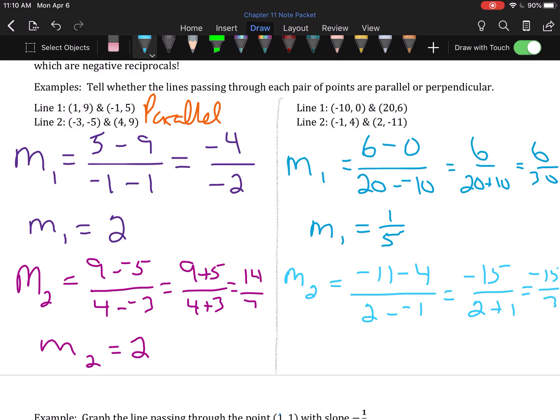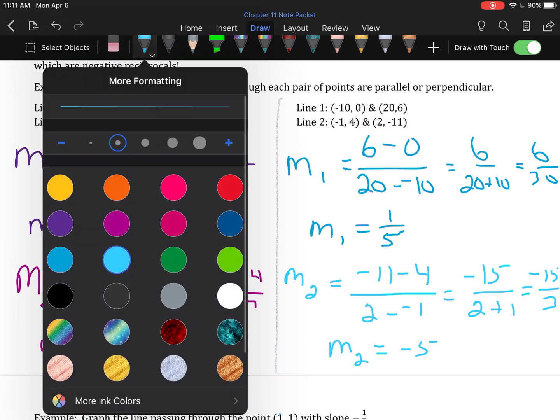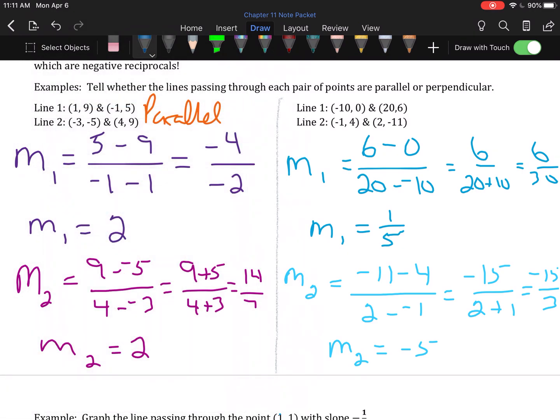So we get -15 over 3, so the slope of the second line is -5. Are these the same? Obviously not. Are they negative reciprocals? Well, let's see. One is positive, one is negative, we need that. Are they reciprocals, flips of each other? 1/5 and 5. Yes, they are. These are perpendicular. And yeah, I'm not writing that out.